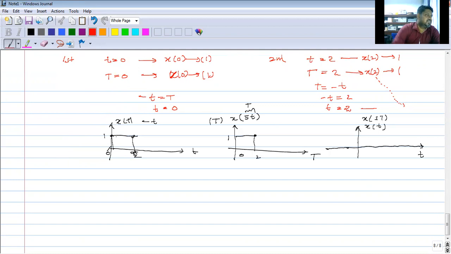I will consider this first point and this second point as usual. Let's see what happened to them when the independent variable is multiplied by 5.